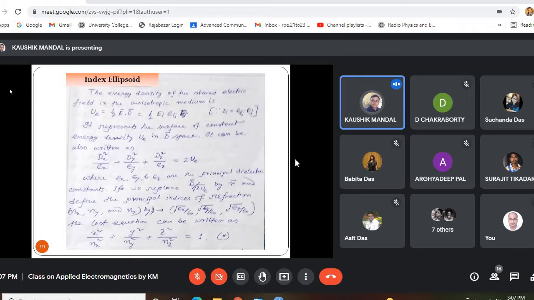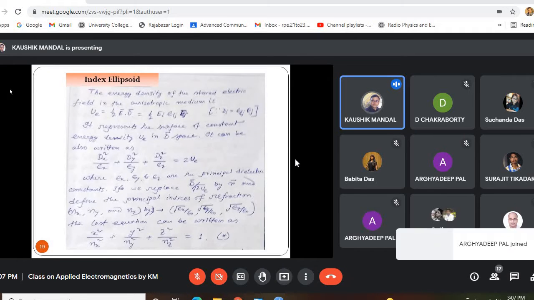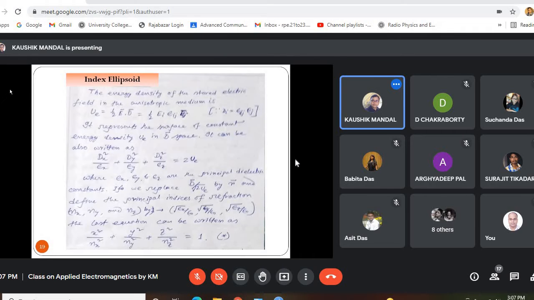Now, before going to the structure of the index ellipsoid or how we can find it, we have to know what this index ellipsoid is. From the name, it is clear that its structure should be in the form of an ellipsoid, and it is basically the plot of the index of refraction as a function of the polarization angle.